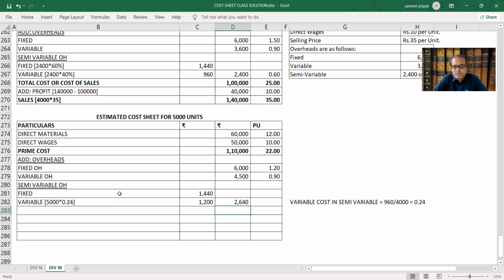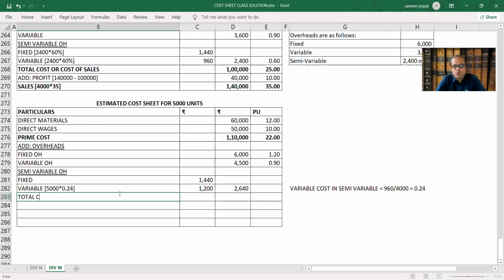Let us take the total cost of sales. Let us add all three overheads plus prime cost. That would be 1,23,140. Let us divide it by new quantity 5,000. We'll get per unit cost. Okay. Now we'll add profit. So we should get sales.